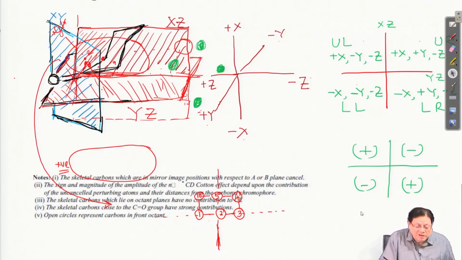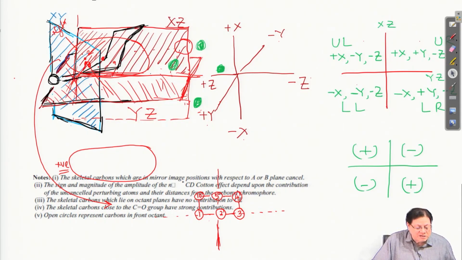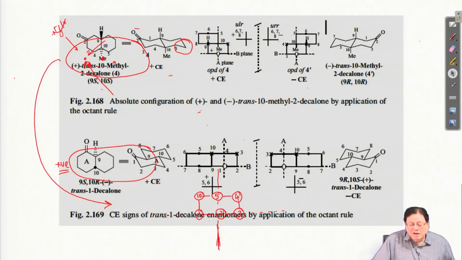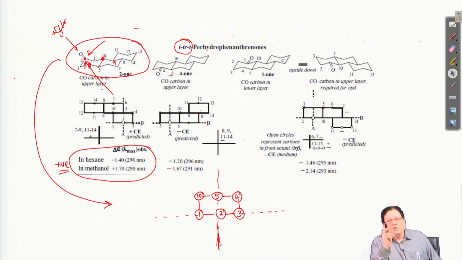Yes, first of all, the substituents occupying mirror image positions cancel each other. And as I said, atoms lying in one of the planes, like this plane or that plane, or whose projection is right on the axis created by the intersection of the two planes, do not contribute at all.